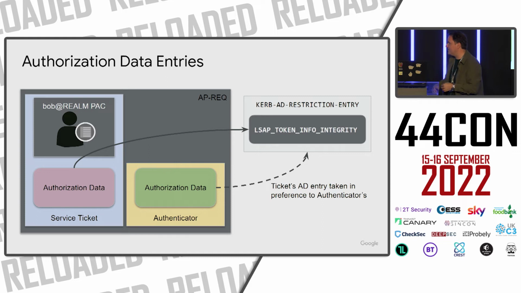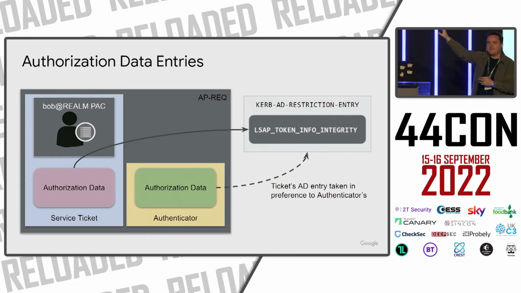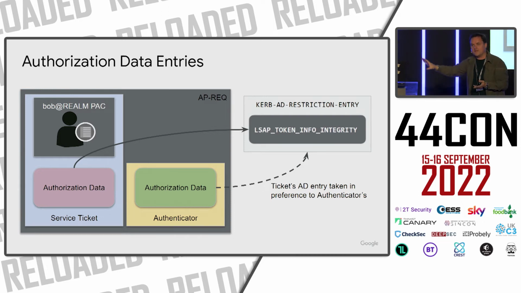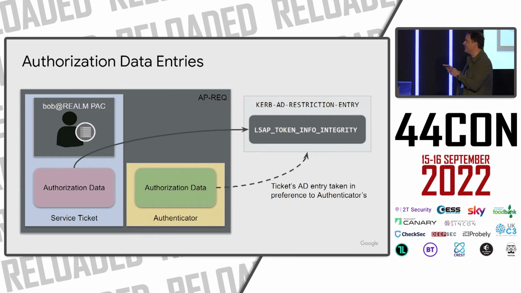So all we need to do, realistically, is can we remove this restriction entry? Can we remove this data from the Kerberos ticket? Well, in normal cases, no, because if you're using the Windows APIs, all that actually happens is it automatically inserts this data for you, and you have no choice at that point. It's always going to do it.